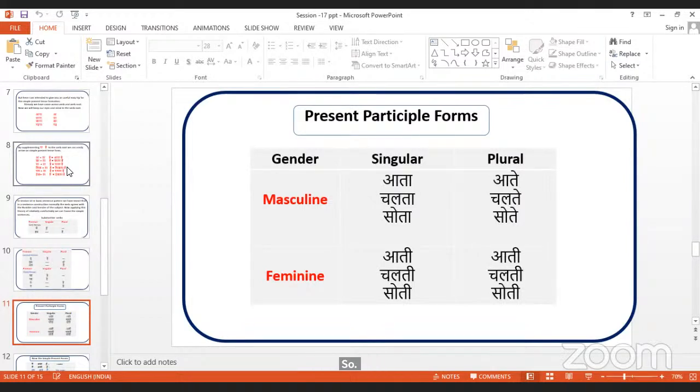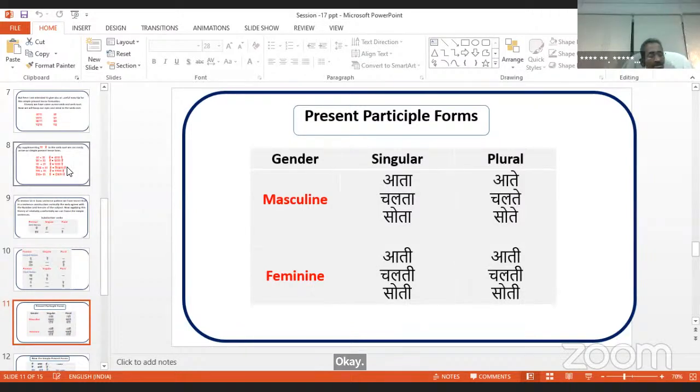Sota, sote, soti. Khata, khate, khati. Pata, pate, pati.